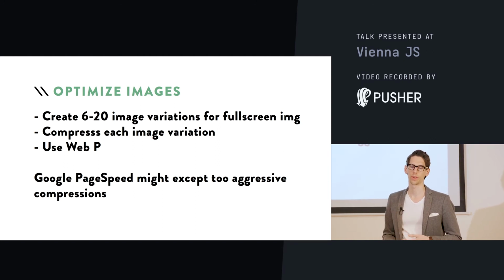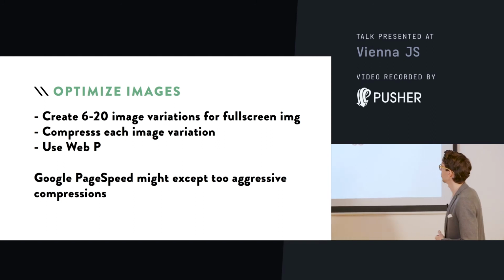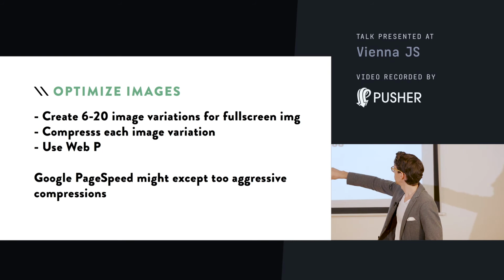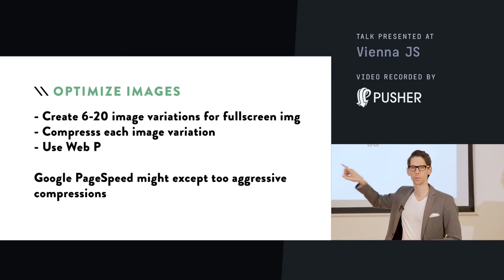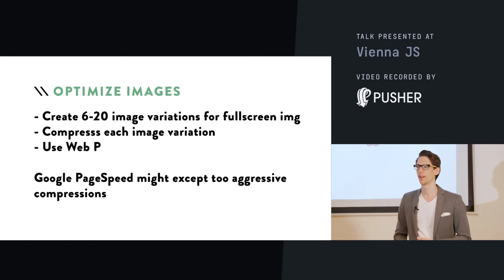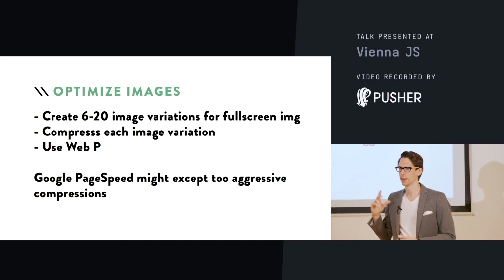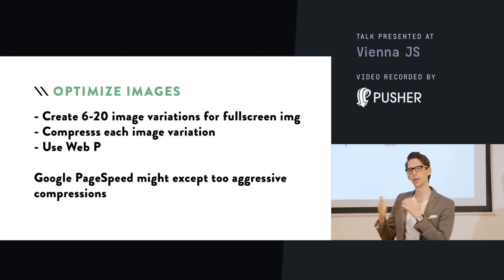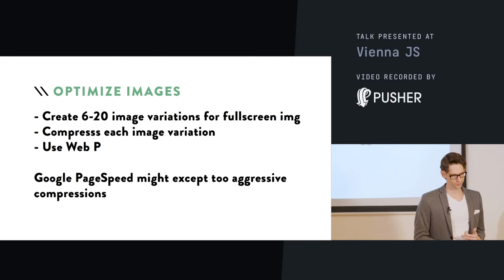If you use something like Cloudflare, you just make one checkbox, use WebP, and you're done. And coming back to Google PageSpeed, Google PageSpeed expects you to do very, very aggressive image compression. And if you have some design-focused websites, you might not want to do it that aggressive. So really find your own balance here. If you do it like Google, it'll be very, very aggressive.